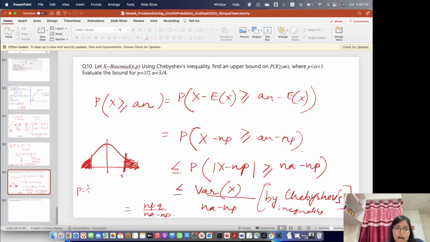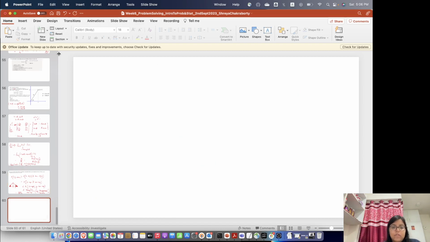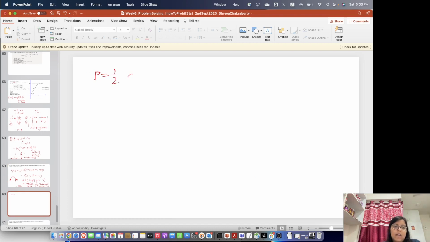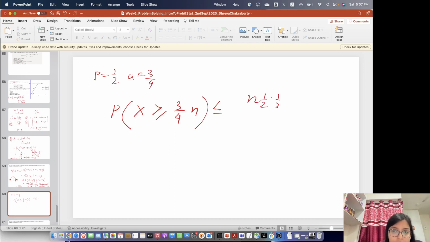So when p is equal to half and a is equal to 3 by 4, we would have the probability that X is greater than or equal to 3 by 4 n, less than or equal to n into half by n into 3 by 4 minus n by 2.